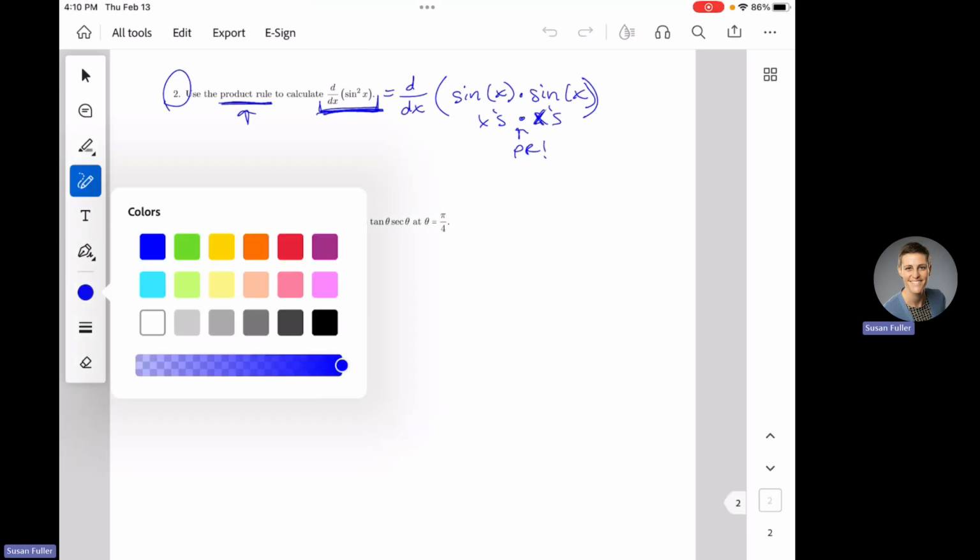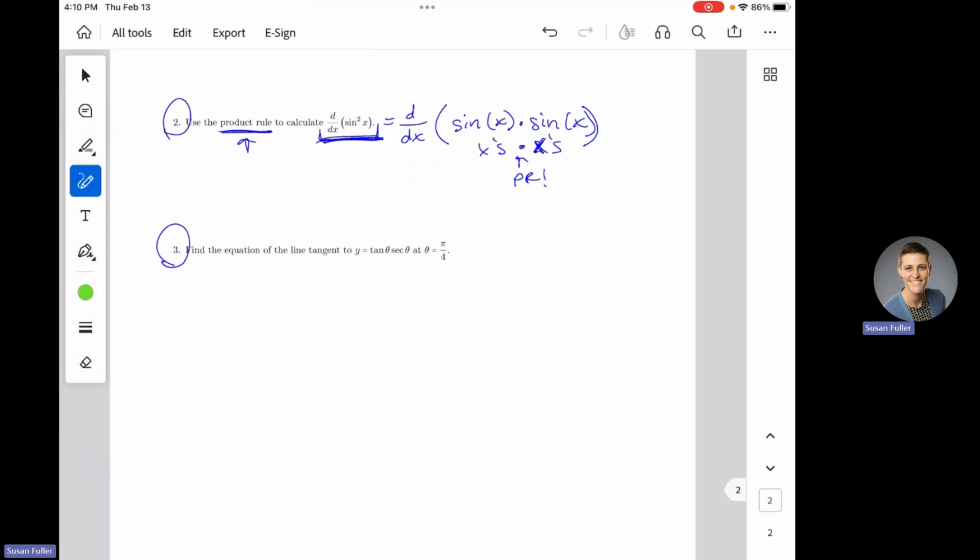So we aren't going to panic. We are going to go back to our product rule. We are going to trust our training, and when I do my product rule, I'm going to identify my first function as f. I'm going to identify my second function as g, and my derivative is going to be f prime times g plus f times g prime, and I'm going to plug everything in.